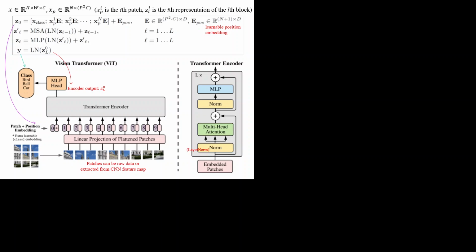Finally, after you finish, I just take the 0 token, the zeroth token, do the layer normalization and output it for your prediction.